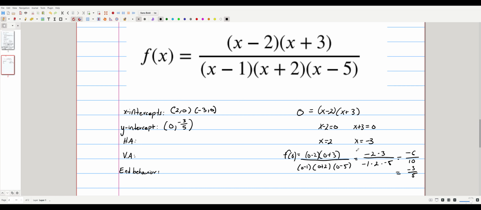But for at least horizontal asymptote's sake, we know if the degree of the polynomial on top is larger than the degree of the polynomial on bottom, we won't actually have a horizontal asymptote. We'll just have to figure out the end behavior by doing long division. But in this case, we have the degree of the bottom polynomial being larger than the degree of the top polynomial.